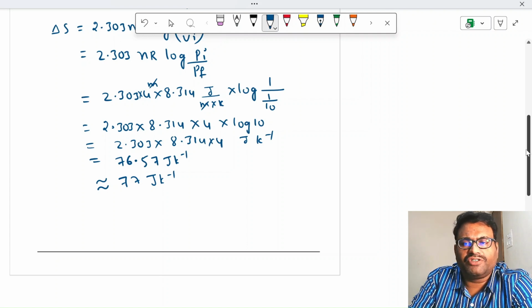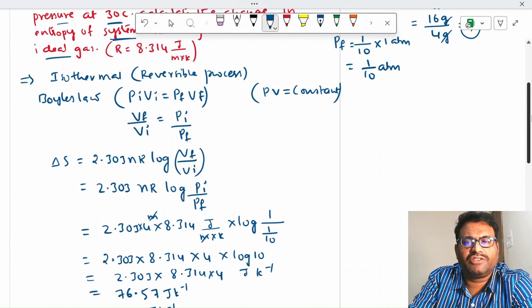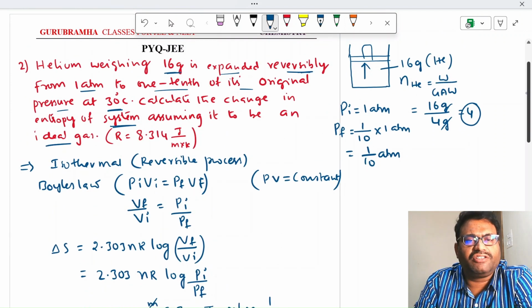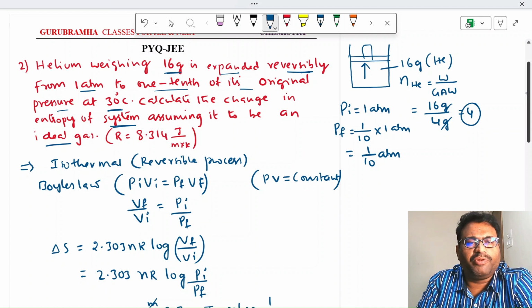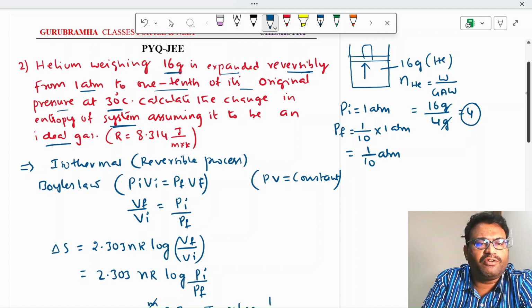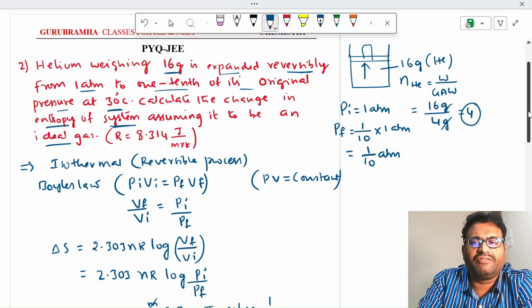So that is how we solve such type of questions when they are asked to calculate the entropy. So we have to see whether they are asking entropy change of the system or entropy change of the surrounding.